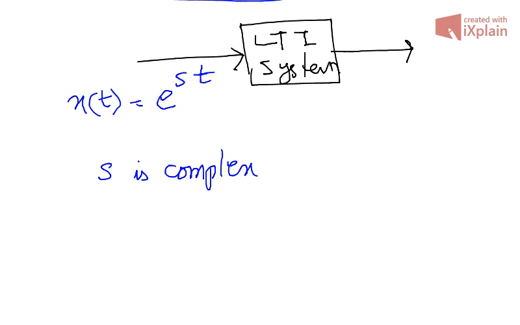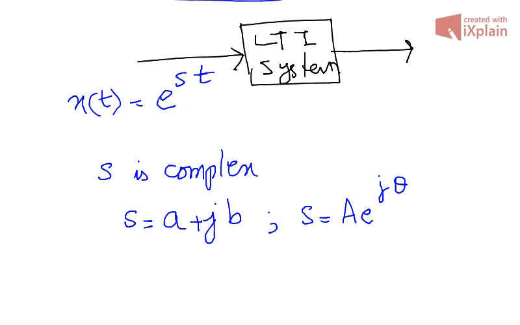When we say s is complex, it means you can write s in the form a plus jb, rectangular form, or you can write it as a e raised to the power j theta. It's a polar form of s, right?